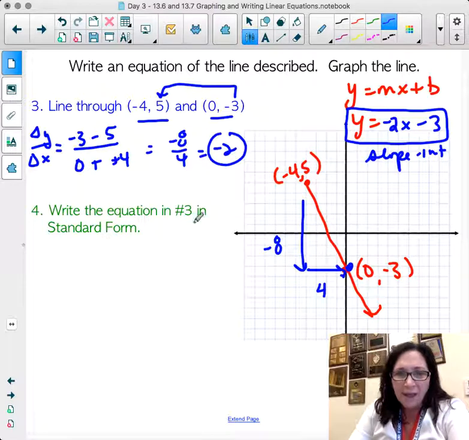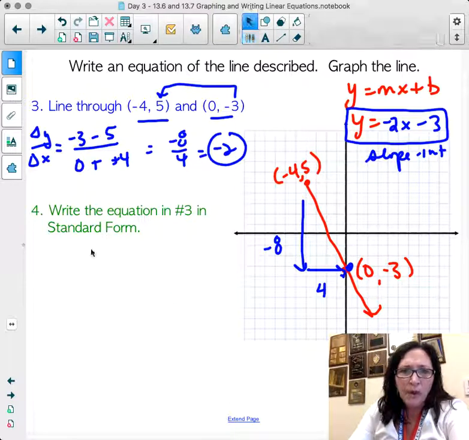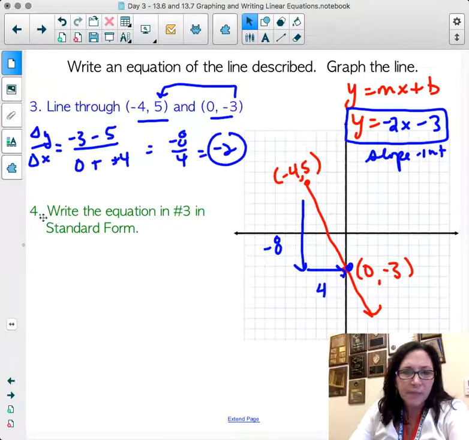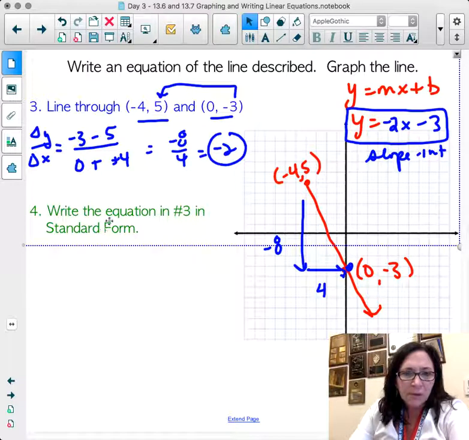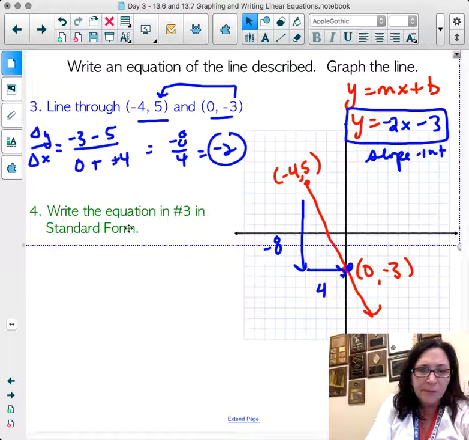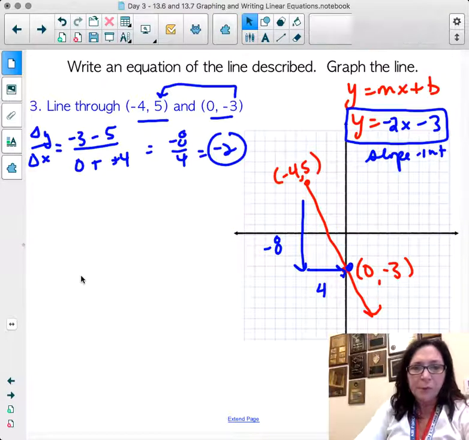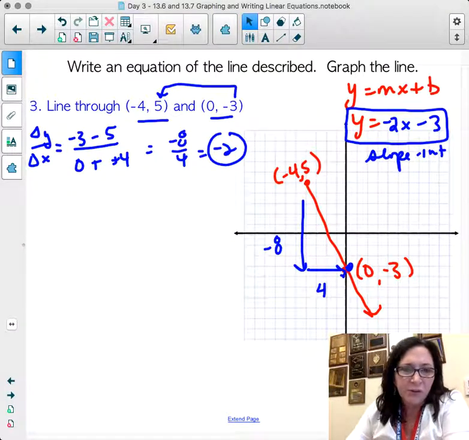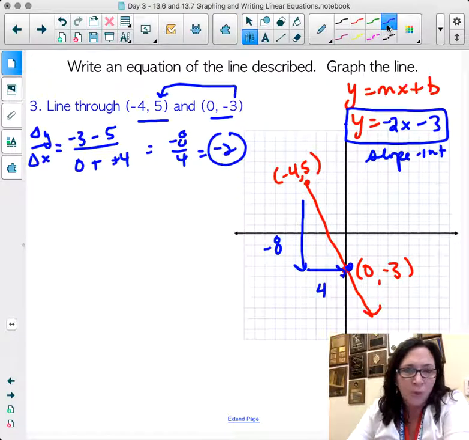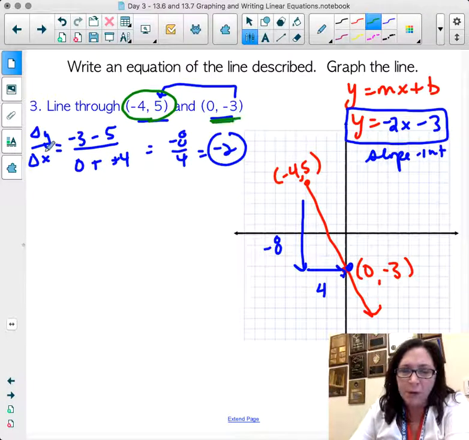Once you have that, I'm actually going to move this, because I am going to put that in standard form. So once you have your slope, you're going to choose a point. You're going to pick which point you want to use. I'm going to choose this point to start with, and then show you this point as well.